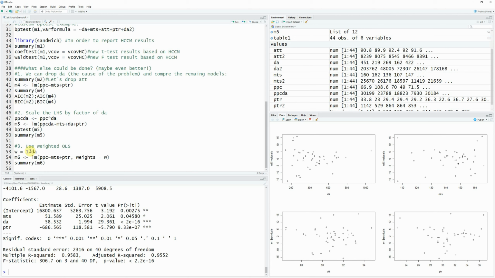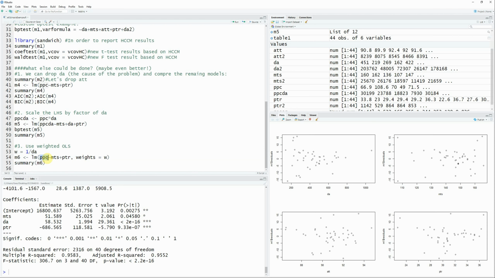So 1 over DA is going to be a smaller number, and if DA is small, 1 over DA is going to be a larger number compared to when DA is large. So in this case, because DA is going to be used in the weight, we cannot use it in the model itself.